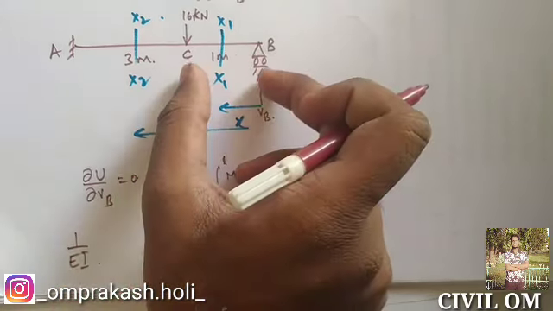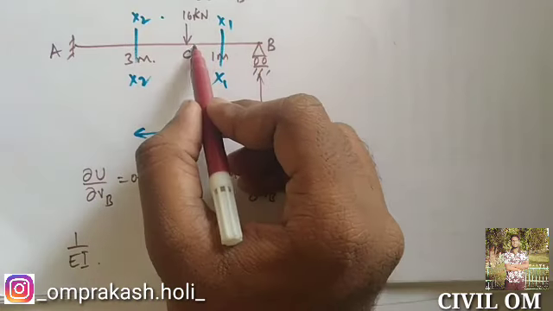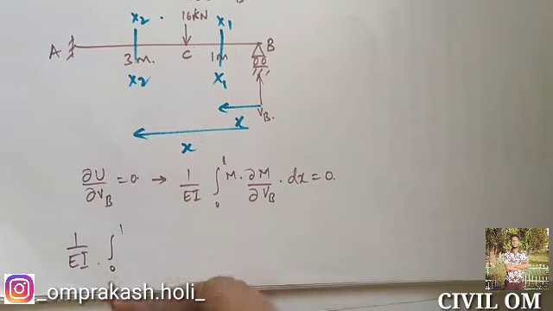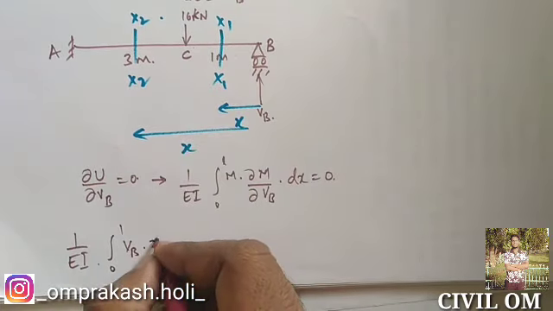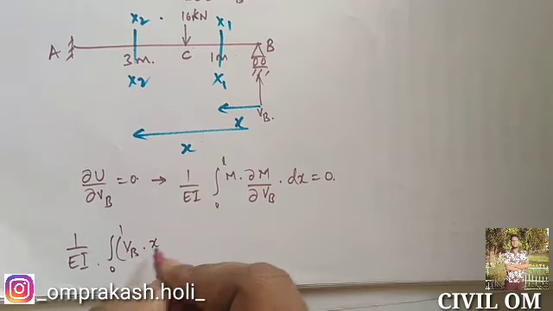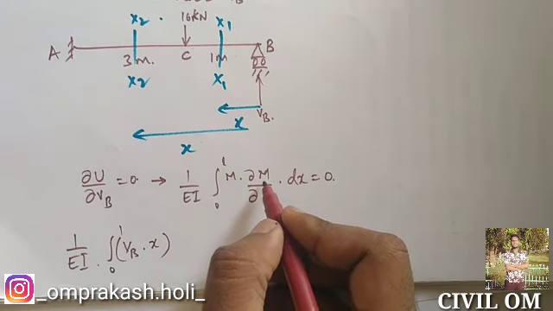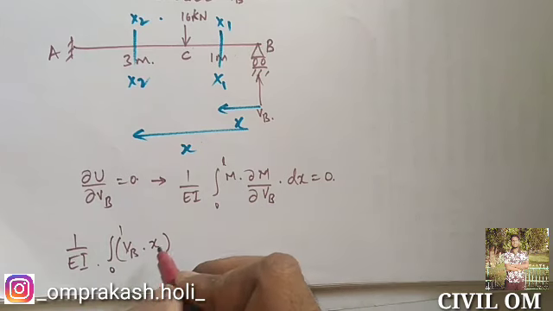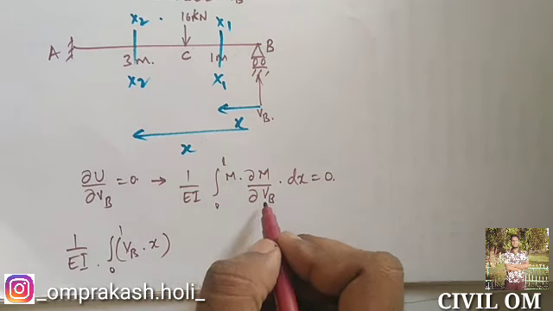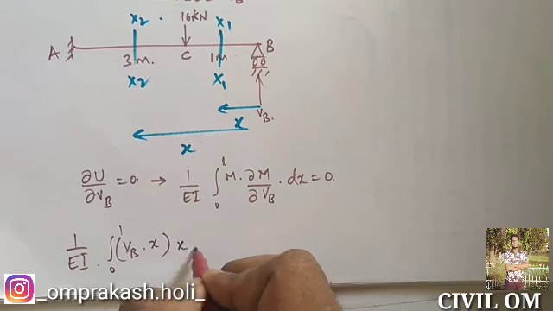Here the limit is 0 to 1. So we have VB into the distance from this to this, x, and the partial derivative of m, which is VB into x, is x, because we are differentiating partially with respect to VB. So it remains as x into dx.